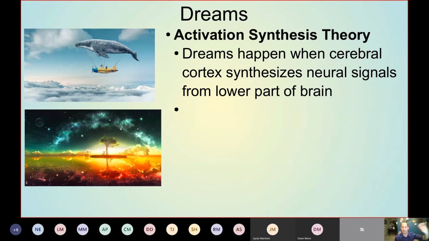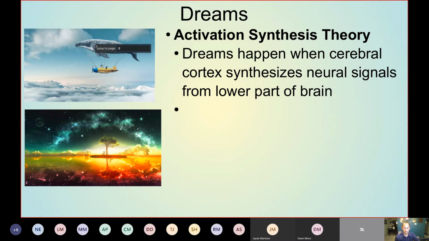Activation synthesis is that any random kind of spark that your brain is working with might trigger a whole new network, and that's a dream. And so this one might be where you get more crazy dreams, like a whale blimp, right?